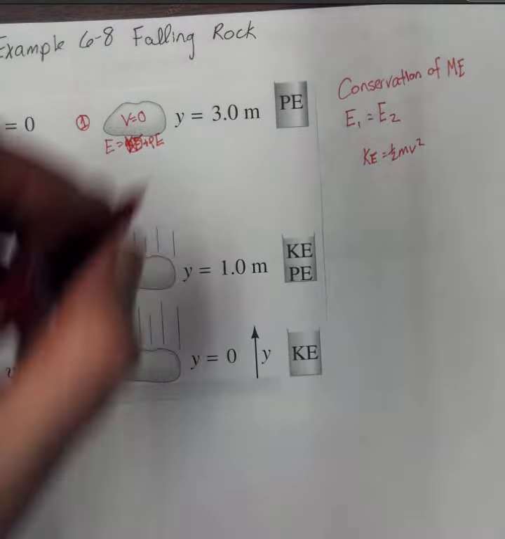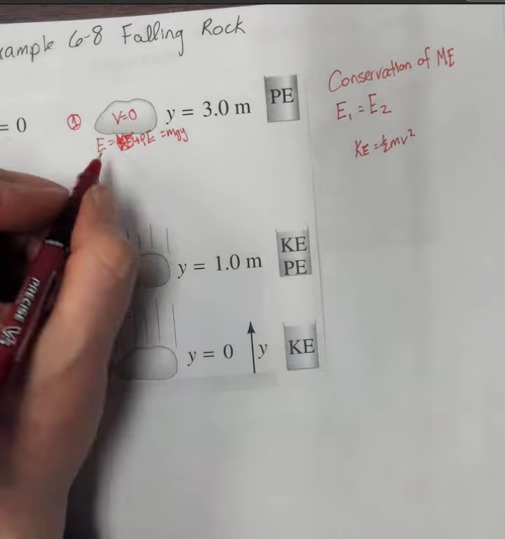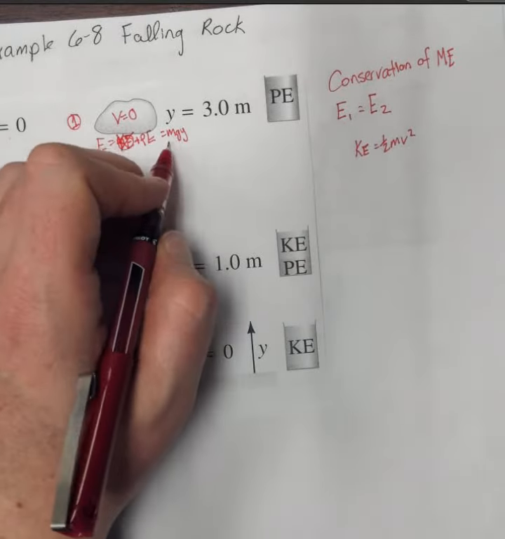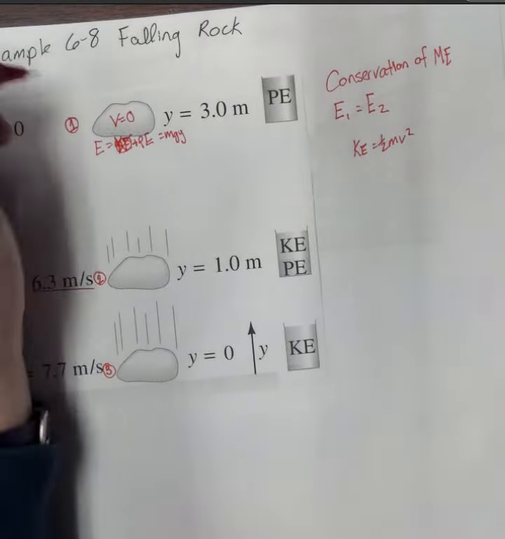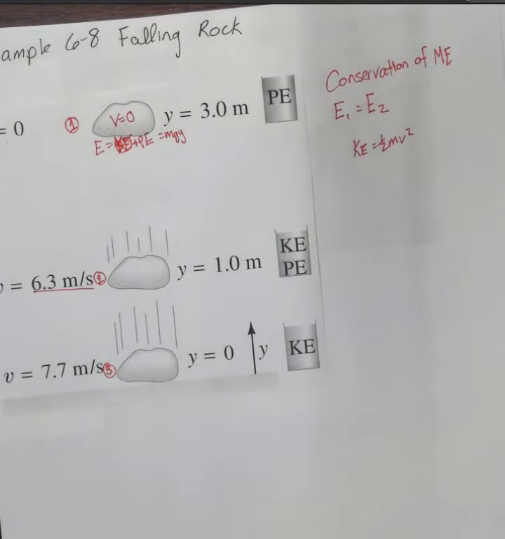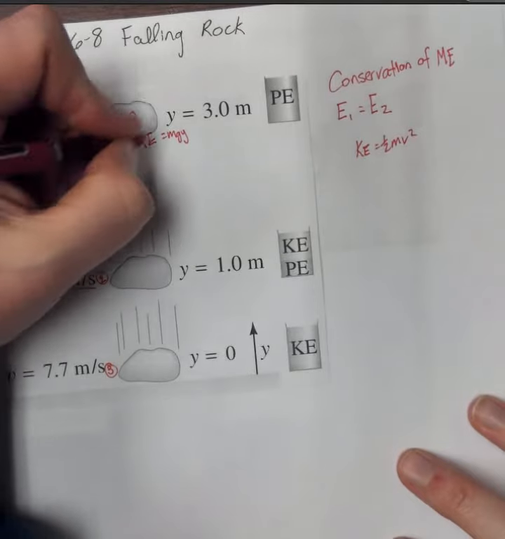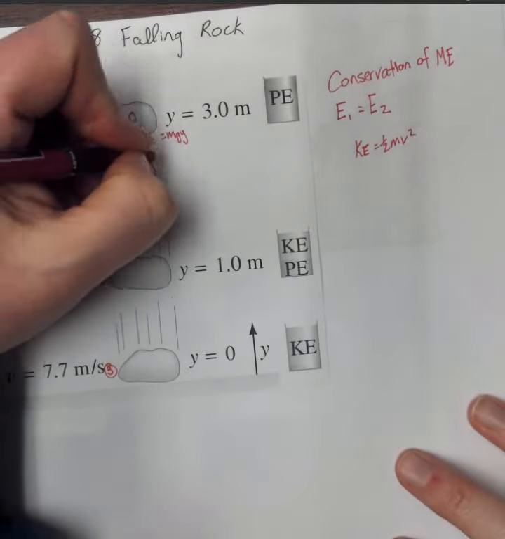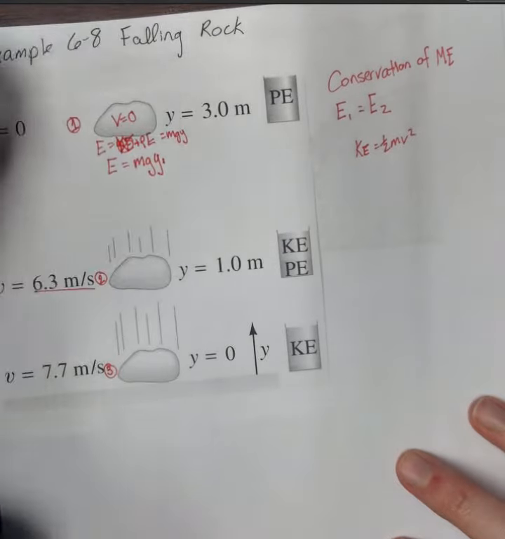And potential energy here is going to be mgy, so our total mechanical energy will be given at this point by the potential energy. And if the rock has a mass of, we don't know. So that means that the total energy here is just going to be mg, and we're going to call this y1. That's the total energy.